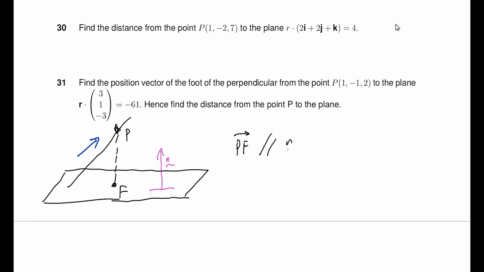It's parallel to vector n. So a cross b is 0. Oh, you use the cross product equal to 0. That actually works. But that's not what I was teaching you. You can do this. Better not.